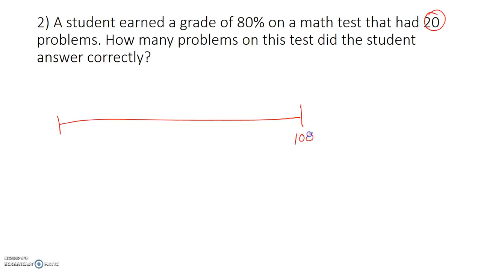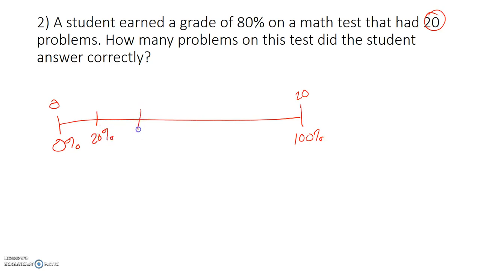So 100% is 20 problems. And again, I know that 0% would be 0 problems correct. So let's pick a number. Since I don't know what times 80 will give me 100, let's pick a number I do know that's a factor of 80 and 100, like 20.